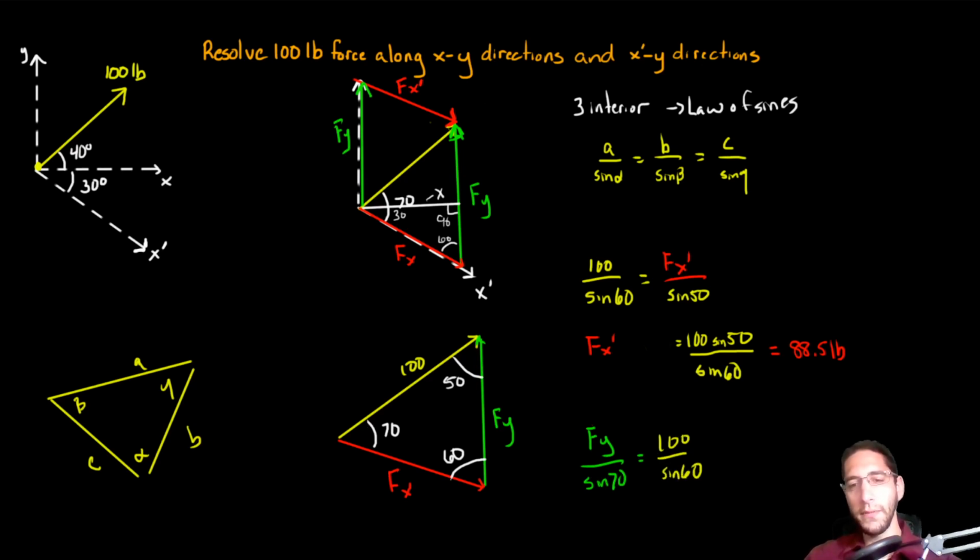And again, if we cross multiply, we're going to get fy times the sine of 60 is equal to 100 times the sine of 70. Divide by the sine of 60. And what we'll get is that fy in this case is going to be equal to 108.5 pounds.